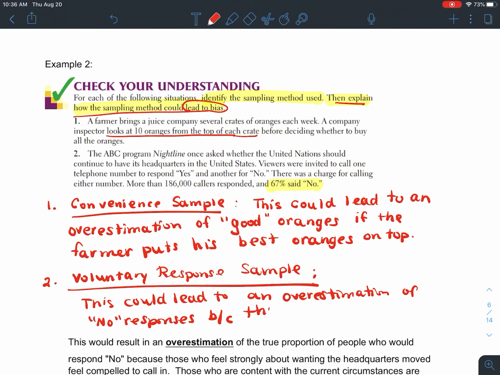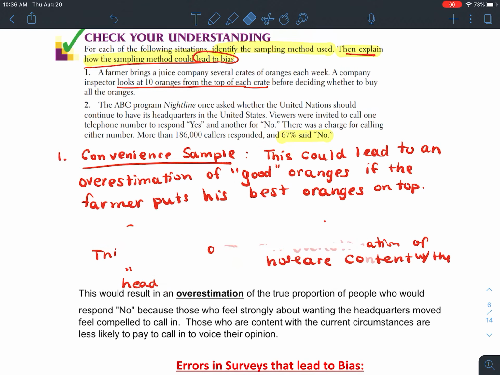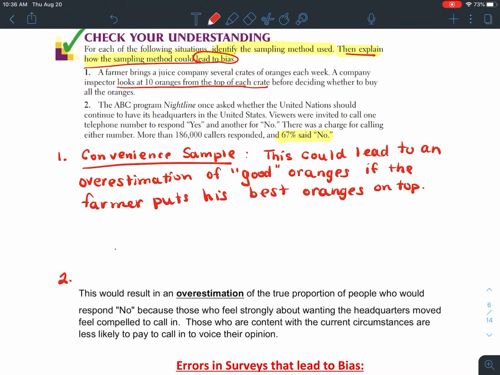And the reason is because those who maybe are content with the headquarters. Oh, I already have this written here, don't I? I'm sorry. So I already have this written on here. That's nice. So maybe we should just title this. I probably wrote this because this was just so much to write here. I apologize. So we want to definitely call this a voluntary response sample.